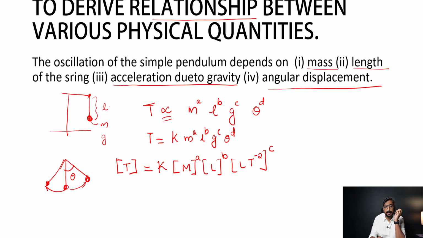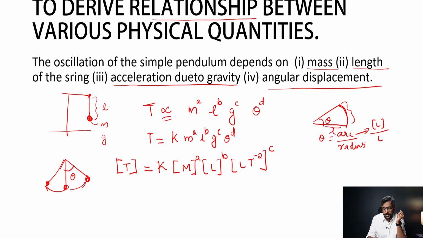And then theta. Theta is angular displacement, and for your knowledge, there is no dimension for theta. These are all basic things. If I'm taking an arc, then theta is given by arc by radius.